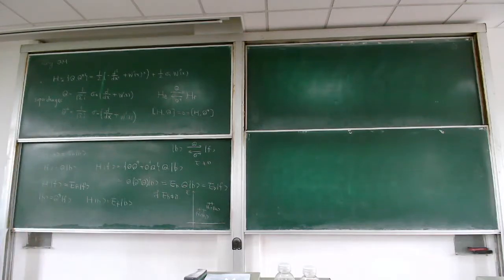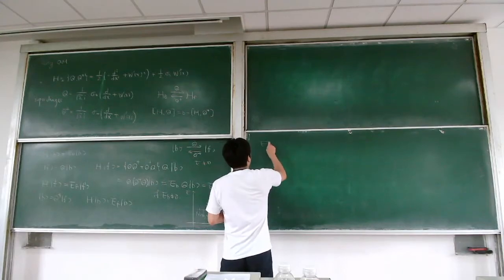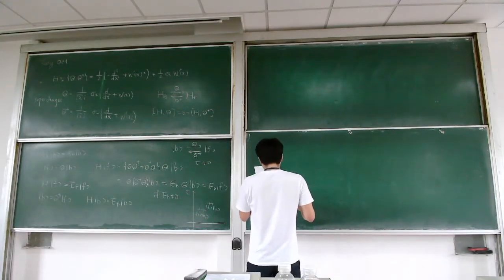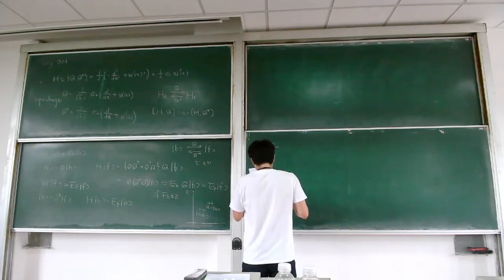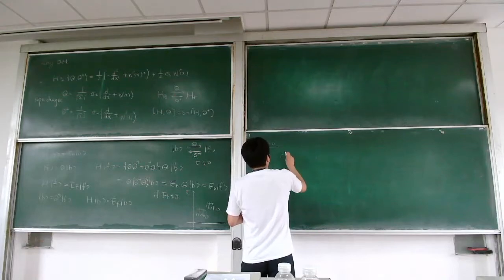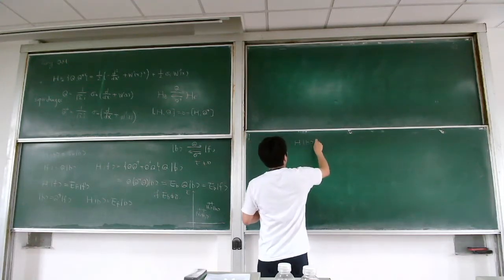So this will fail once you look at the ground state, which has energy equal to 0. So you can just take a look at H, which means that H_B equals 0.